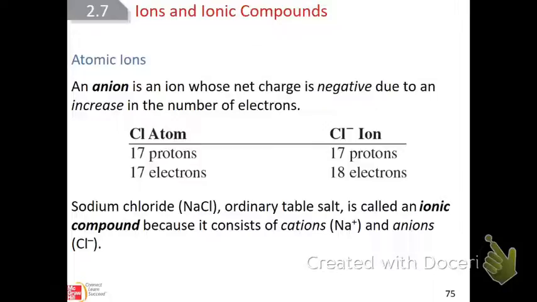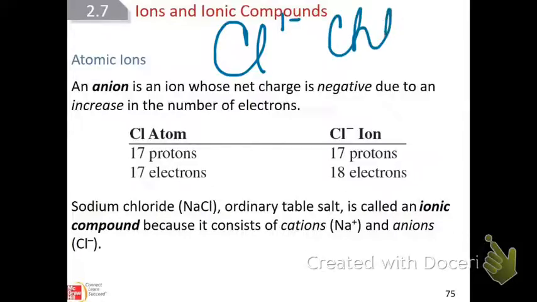It's going to gain that 1 electron, and in doing so, it gets a net negative charge, so it's now called an anion. And so we would say chlorine with a -1 charge, and we change its name. If it gains, it also gains a new name, so we now call it chloride.